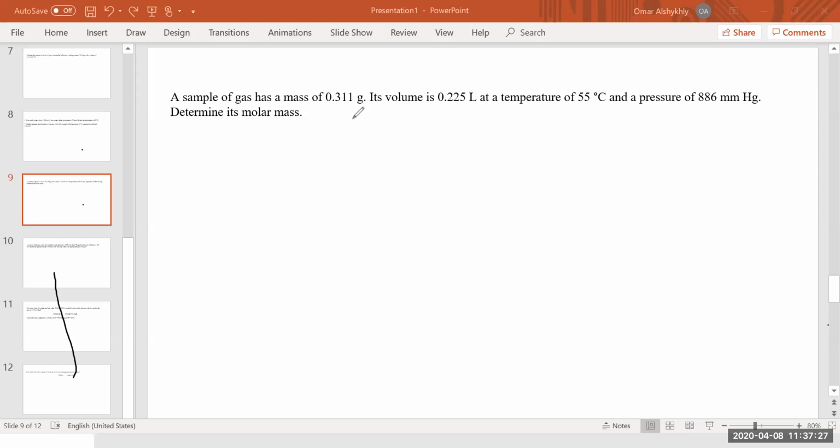Determine the molar mass. Here they are asking for the molar mass.